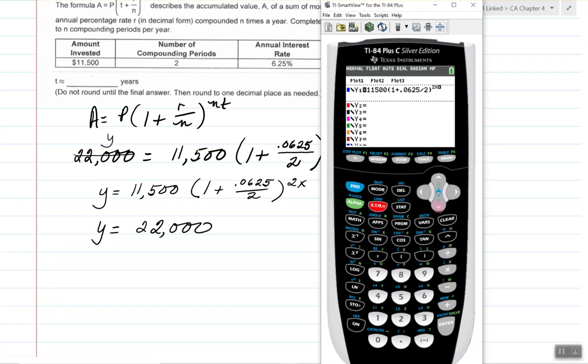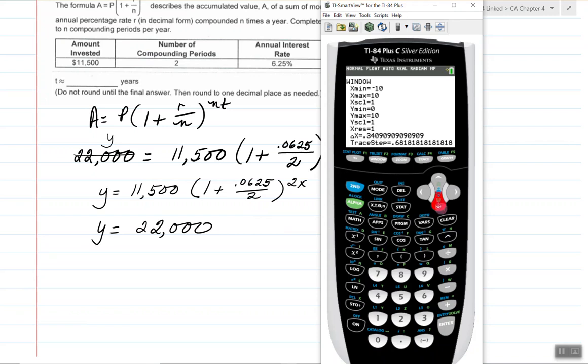All right, that's my function. And then I want to know for what x value, which is time, will I get $22,000. Now the hard part here is going to be my window. My time is my x. I don't know if I'm going to go out to 80 years. I really don't think I will. I'll start out with 10.